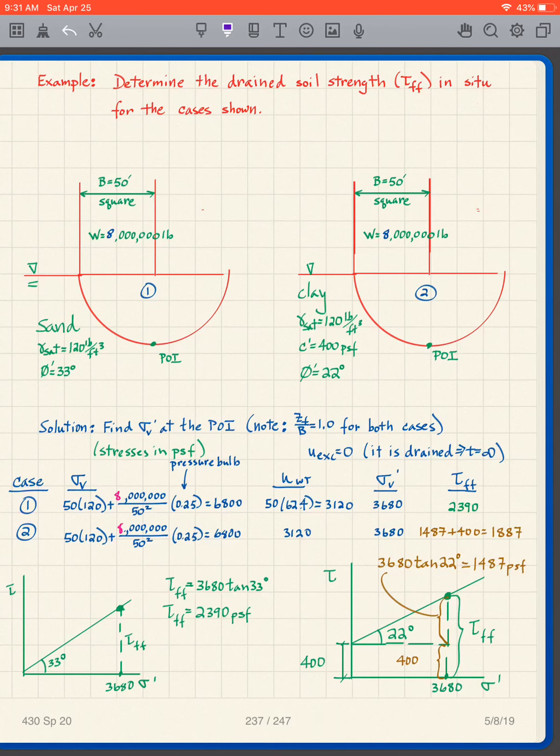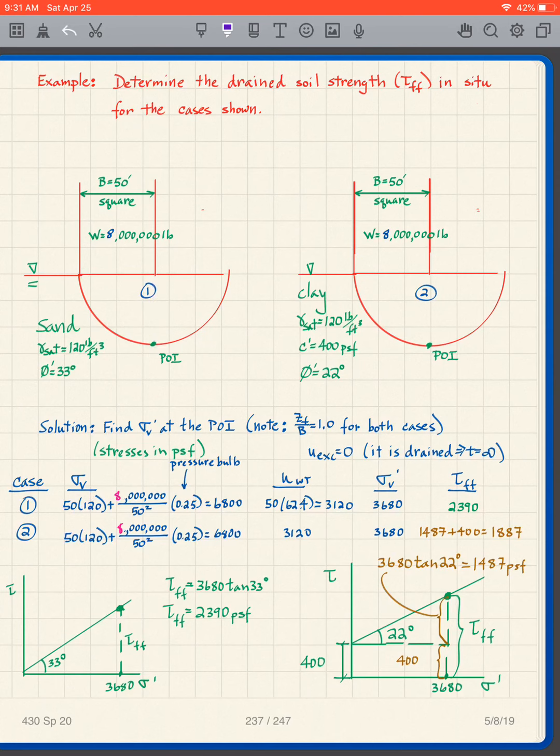I start out with my sigma v. Notice that the point of interest is a depth B below, so the depth of the point of interest is 50 feet.